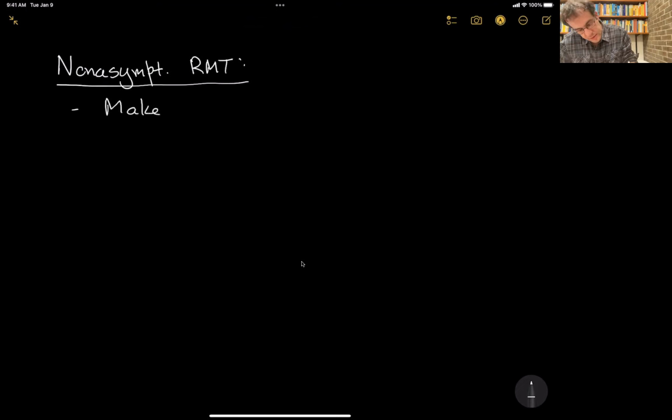So one way in which you can view this question of non-asymptotic random matrix theory is to make the asymptotic theory quantitative in a certain sense.